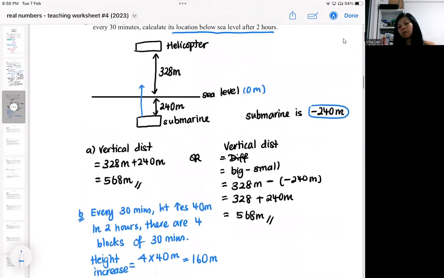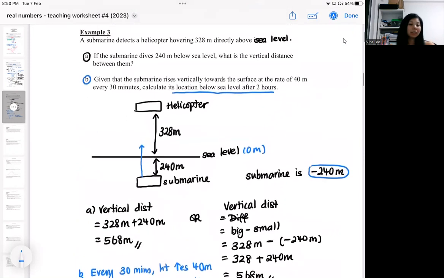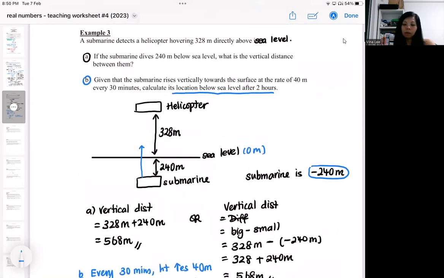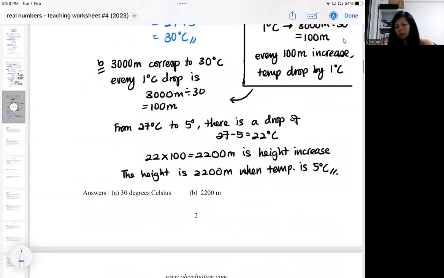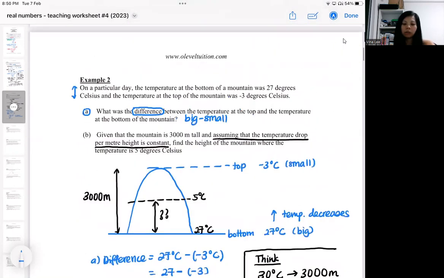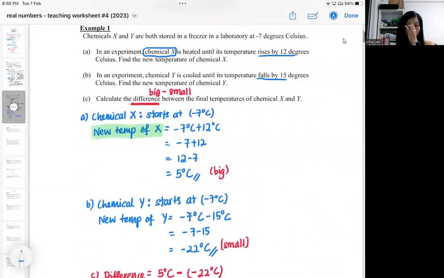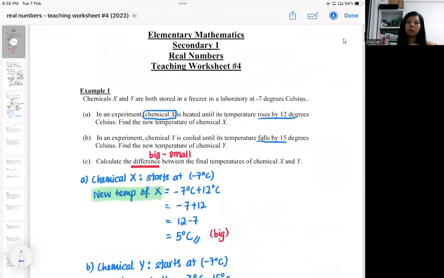In this situation, the significance is below the sea level. Okay, so these are the variety. There's a lot of variety. The whole teaching worksheet has a lot of questions for you to explore. You just have to be patient to read through the chunk of words and also apply. Of course, don't read wrongly, then you apply the wrong technique.